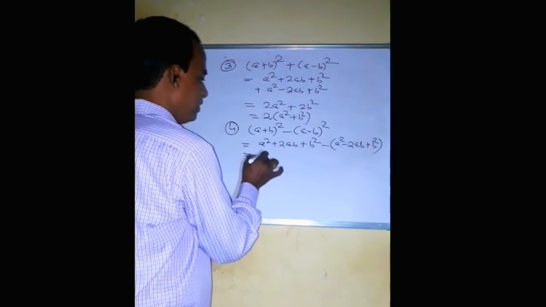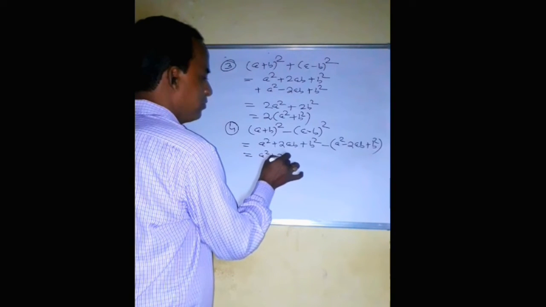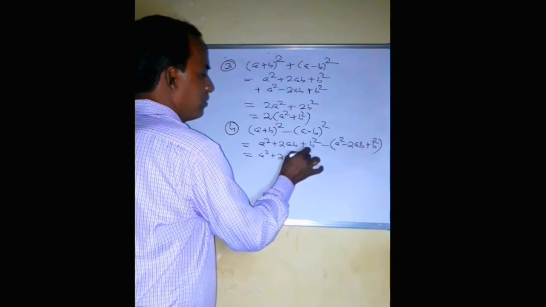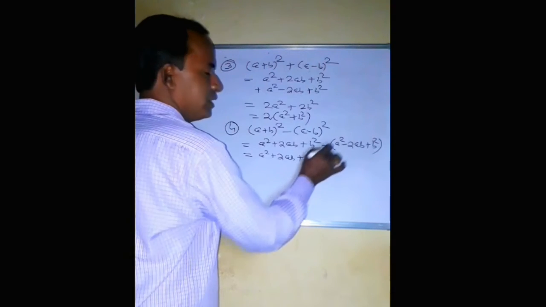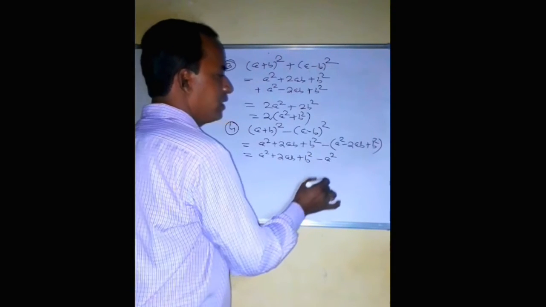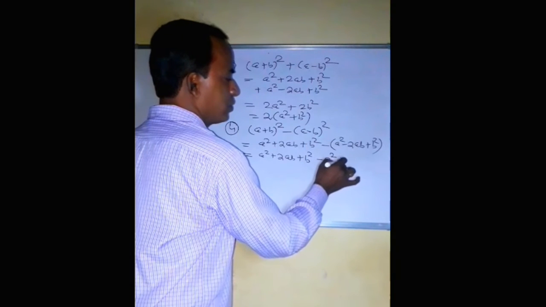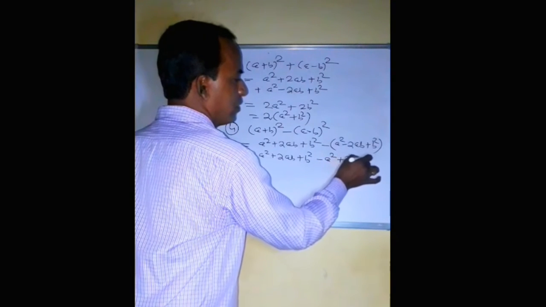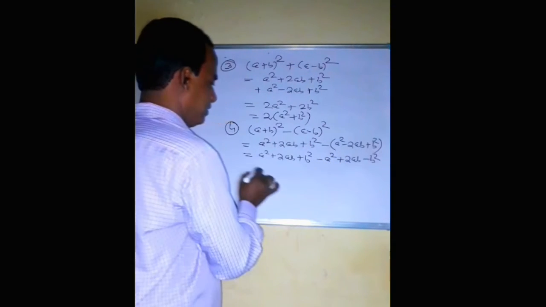That's equal to a square plus 2ab plus b square, minus taken as common, that means it is to be multiplied, that is equal to minus a square, minus minus plus 2ab, then minus b square.